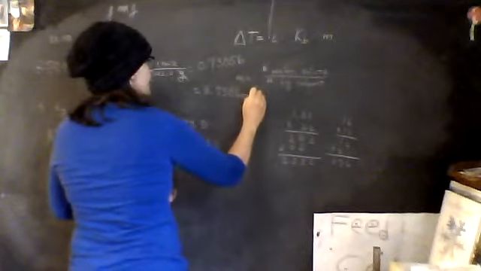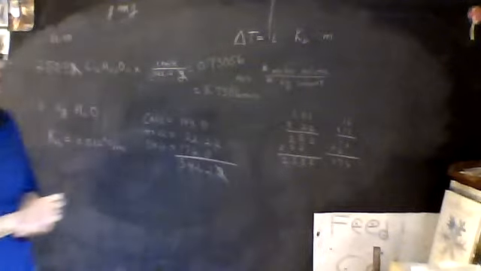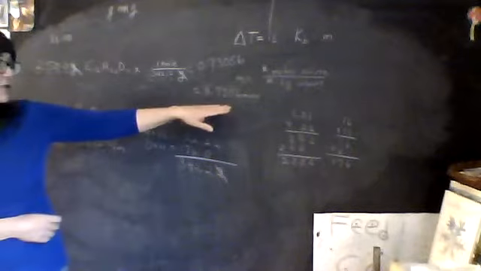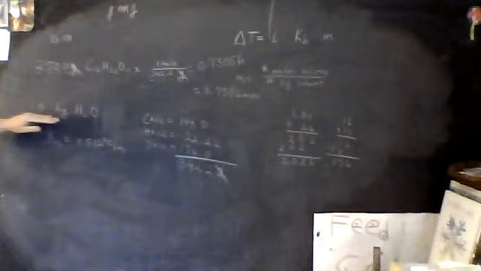Yeah. Okay. So now we can calculate our molality. Molality is the number of moles of solute, which is this, divided by the kilograms of solvent, which is this.